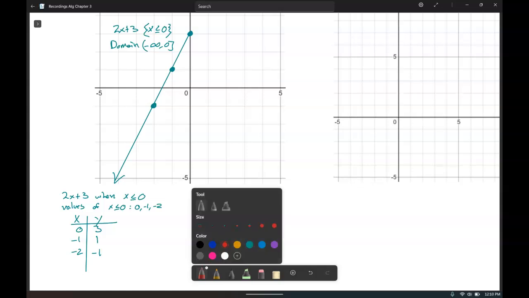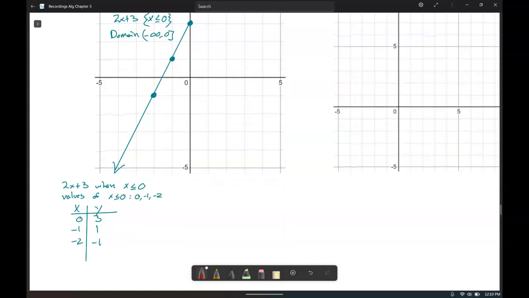Now we're going to go ahead and graph the other half. Well, recall that the other half is -x minus 1 for all values of x greater than 0. So let's get some values of x greater than 0, such as 1, 2, and 3.